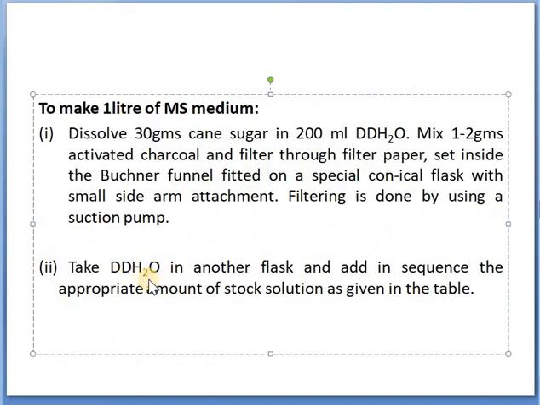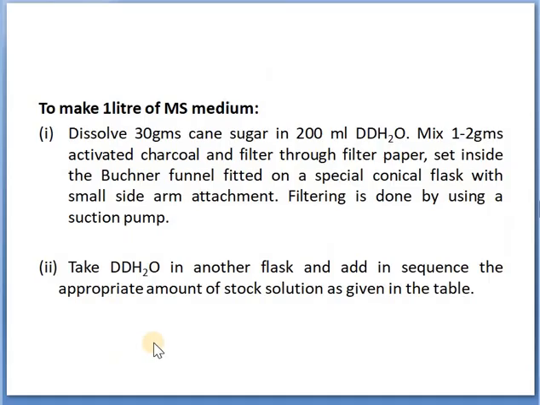Practically, while preparing 1 liter of MS media, first 30 grams of sucrose is dissolved in 200 ml of double distilled water. If recommended, 1 to 2 grams of activated charcoal is weighed and added to the solution. Generally, the activated charcoal solution is prepared and filtered using a filter paper and suction pump.